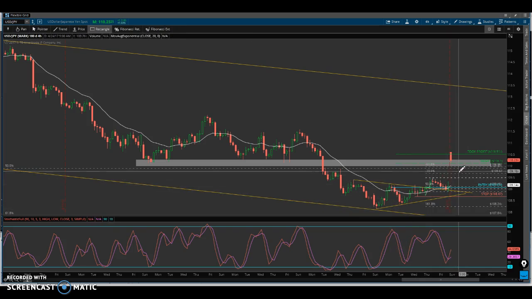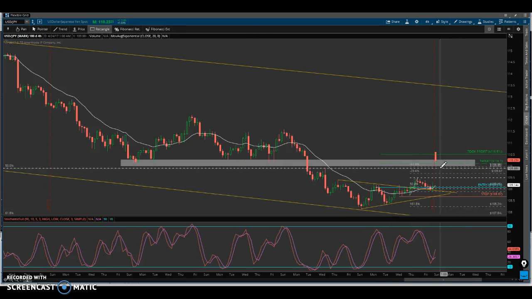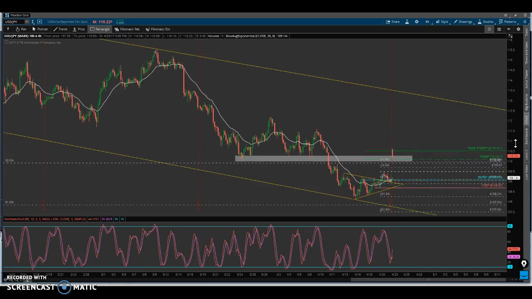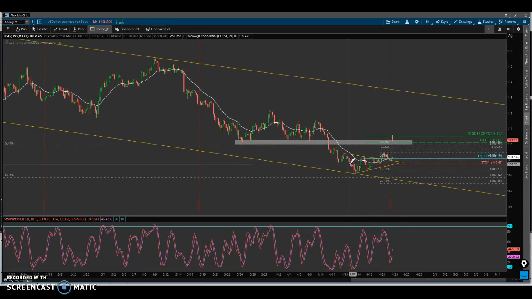So I felt that was a logical place for the buyers to want to take it to, before potentially exiting for a profit or whatever. It's all market psychology, right? So that was the last breakdown that the buyers failed.